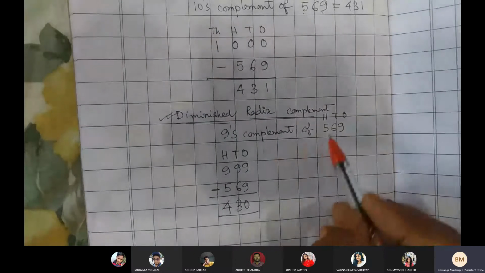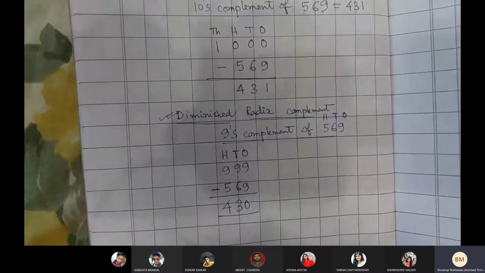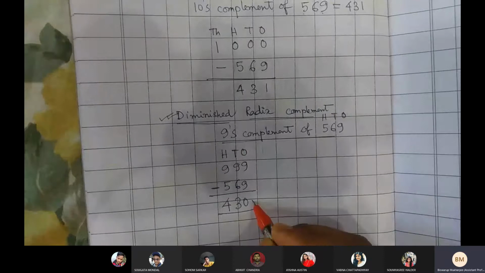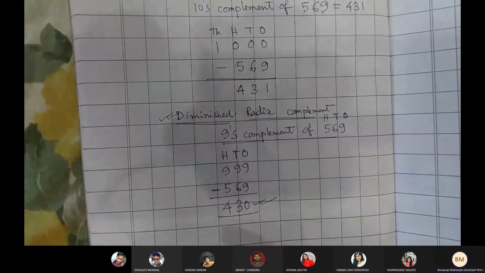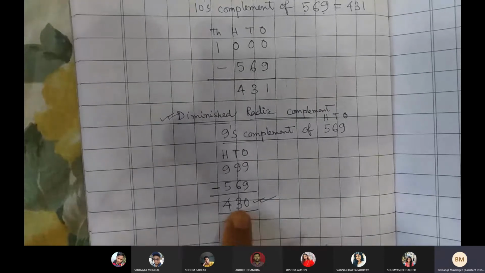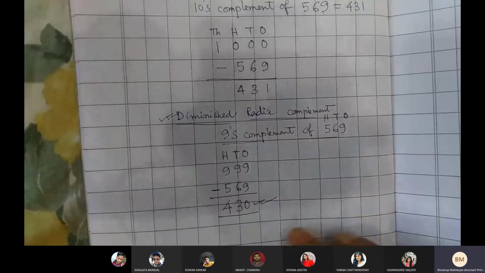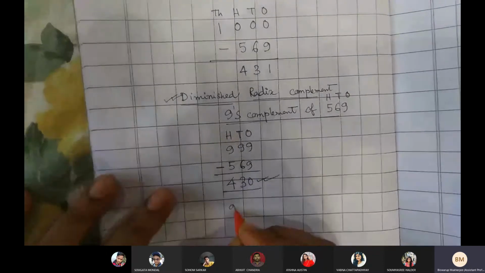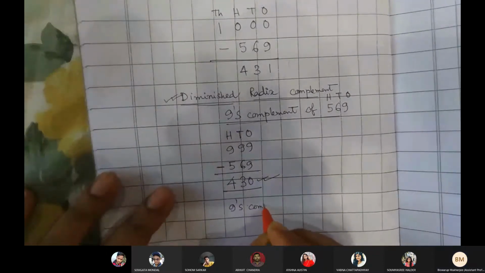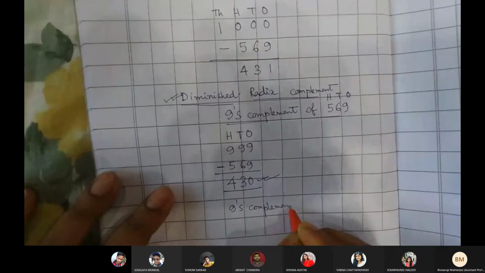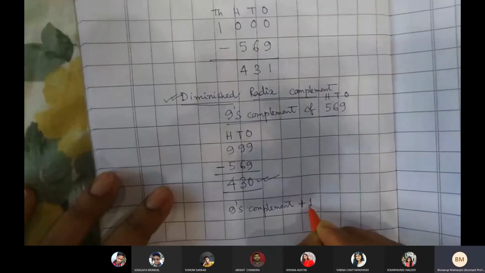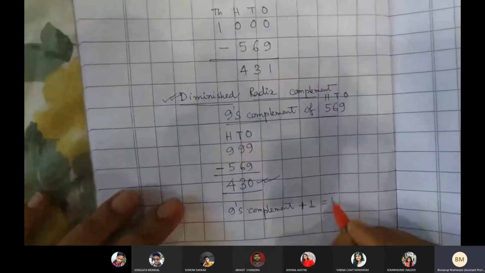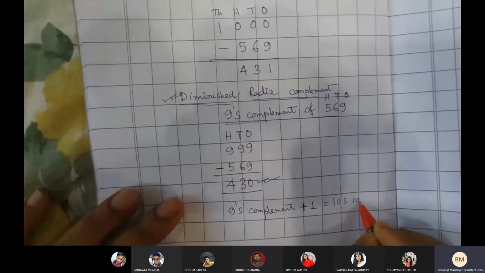Find the diminished radix complement for any number first. So what is that? 430. Once the 430 is available, add 1. So 9's complement plus 1 will provide you the 10's complement of the number, right?